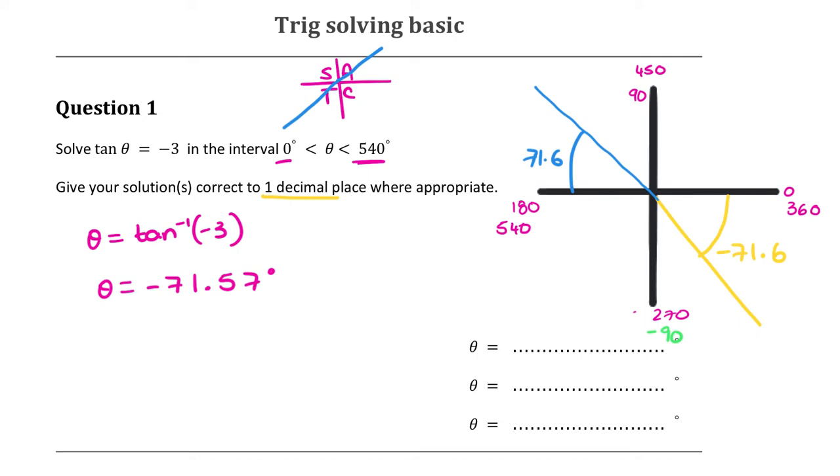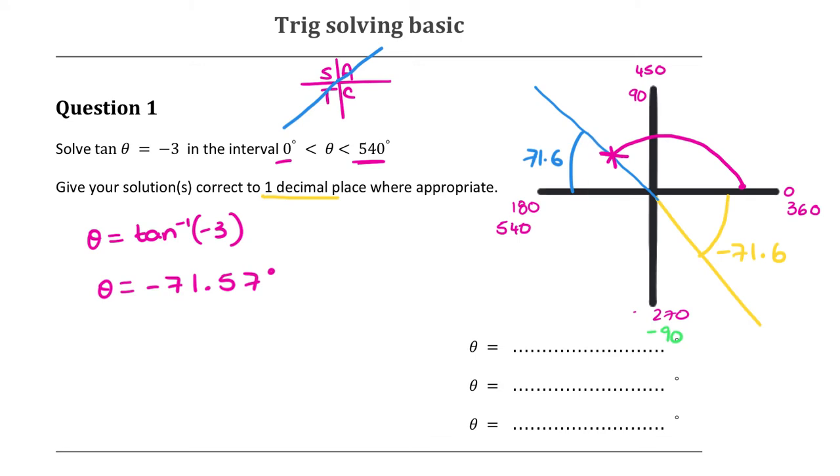Are we ready? So we've got to get from 0 to 540. If I start at 0, and I start going round in the circle, I cross it here. This is technically where our first intersection is. How am I going to figure out what this whole angle is? 180 minus 71.6. Brilliant.